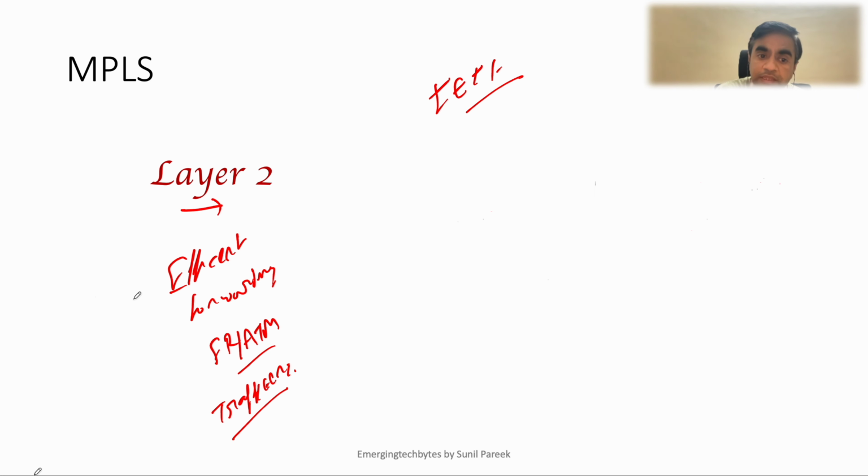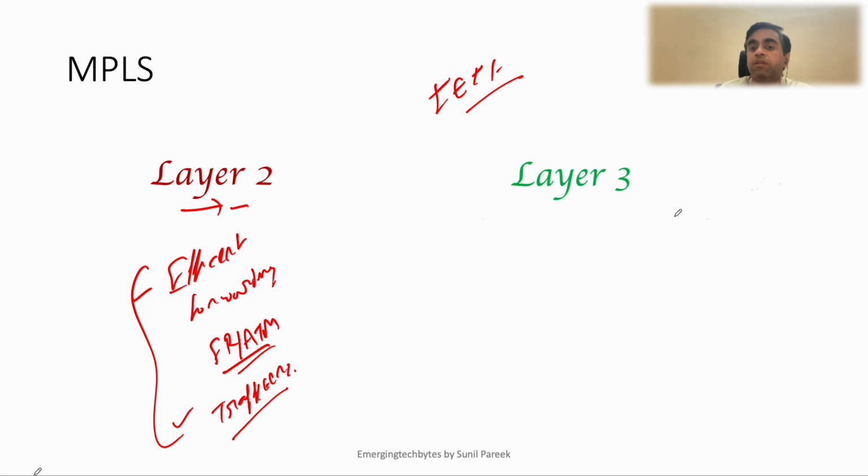So they took this efficient forwarding and these traffic engineering aspects of these solutions, the good points basically from layer 2, and from layer 3 they took some of the good points like scalability. Another point was flexibility. Right? Your layer 3 network is very flexible.